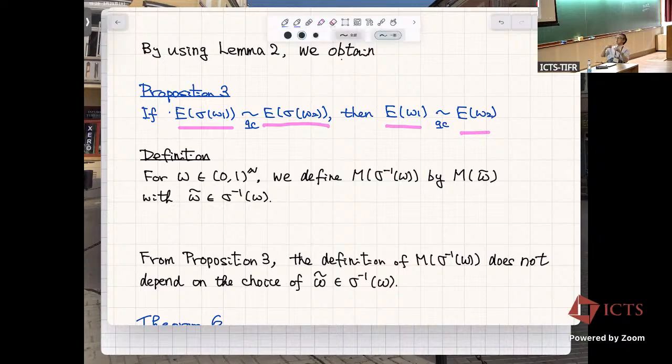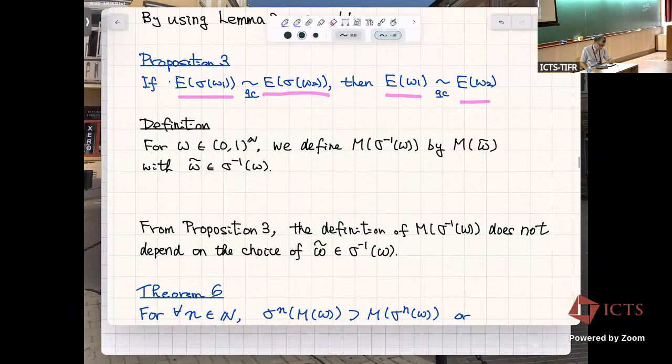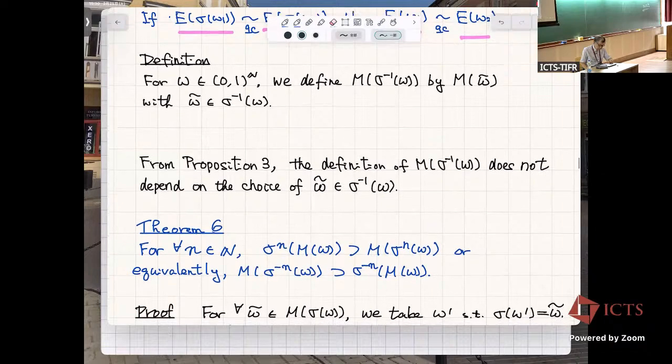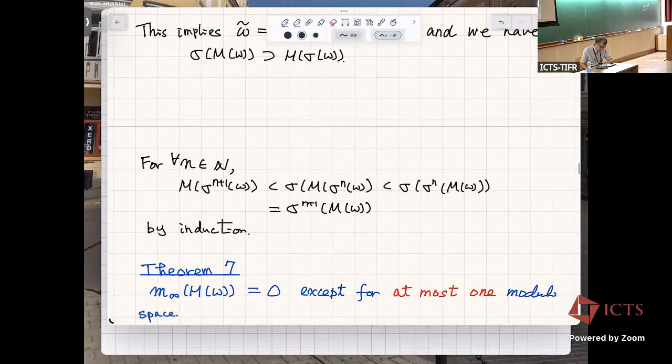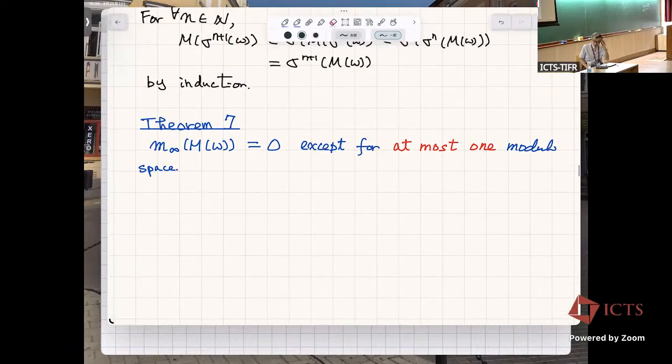So it is not the final conclusion, but it is improved a little bit. So far we can say only this kind of thing: the moduli space has measure zero, except for at most one. That is the conclusion of the theory. So we stop here. Thank you.